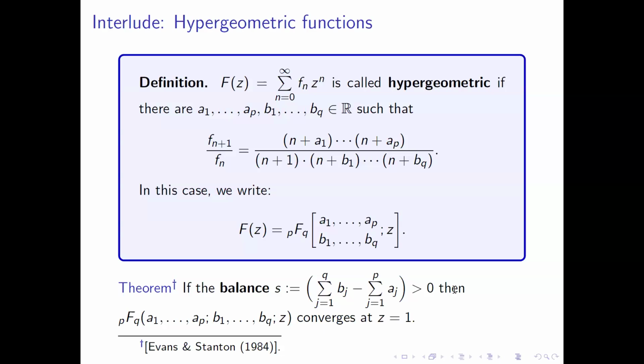I need to do a quick aside on hypergeometric functions. A power series is hypergeometric if the ratio of its consecutive terms is a rational function of the index variable n, defined in terms of these coefficients aj and bj.